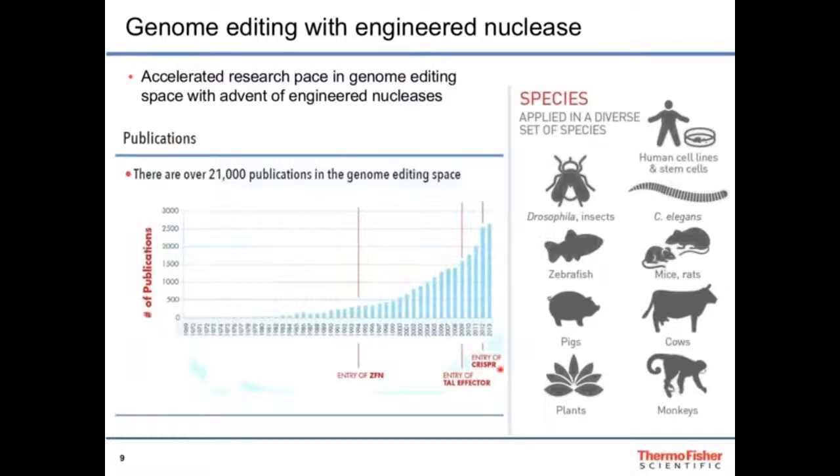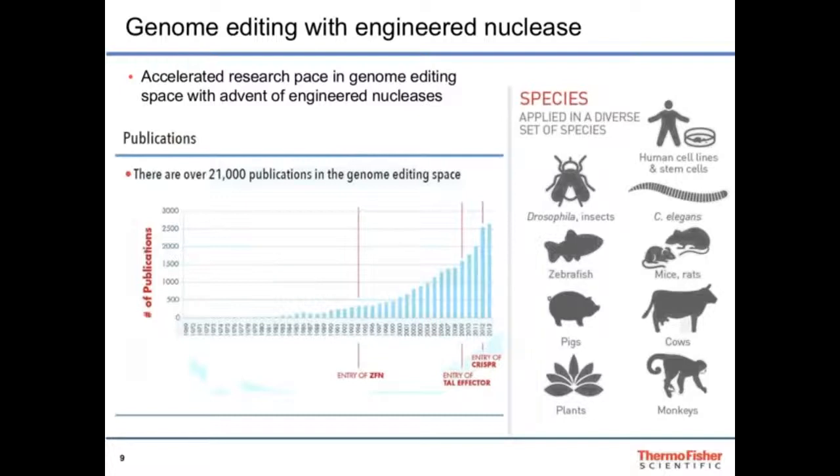Not long after that, we see CRISPR just a couple of years ago, and we expect another inflection point there. So these tools, the efficiency of creating this double-stranded break in the genome, have really enabled the field to move faster and allow more researchers to enter this field to engineer their cells.